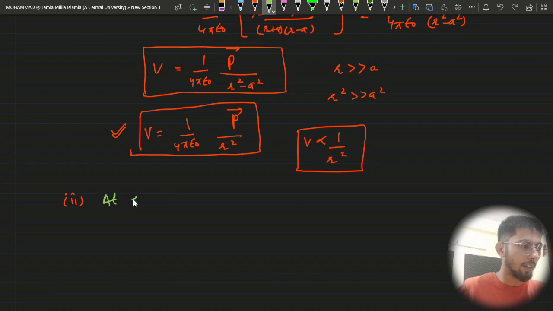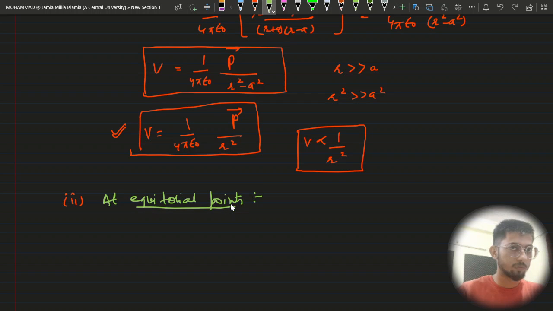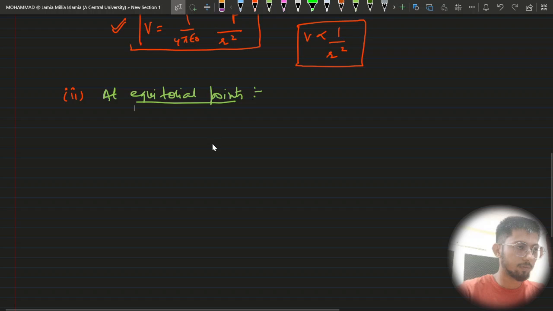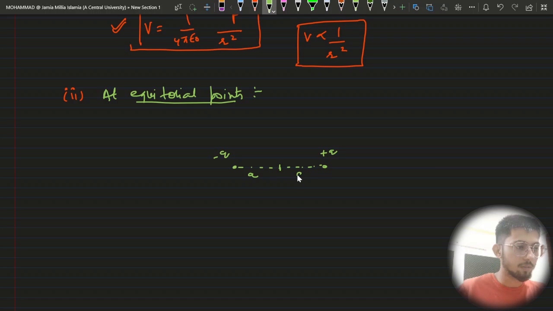At equatorial points, let us again draw the dipole, minus q and plus q. The distance between them is 2a, so this will be a, this will be a.